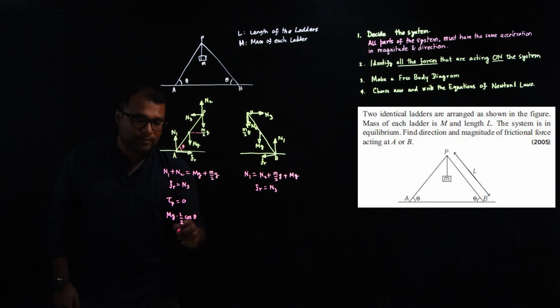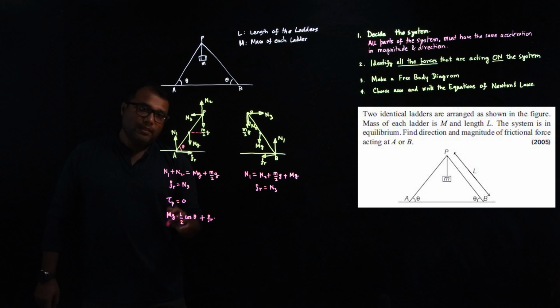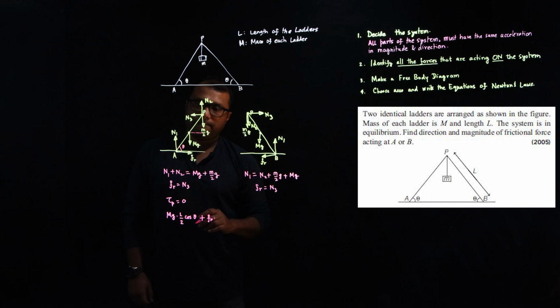Now Fr is also trying to pull it in that direction. So plus Fr times, what is the vertical distance? Is this, which is L. So this distance is L sine theta.